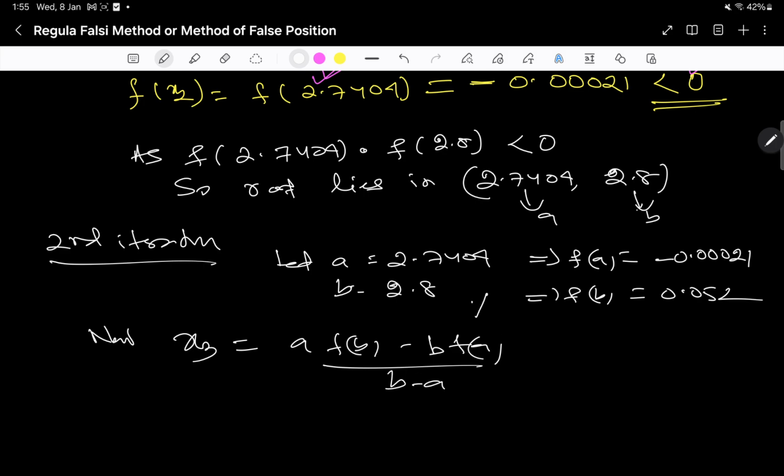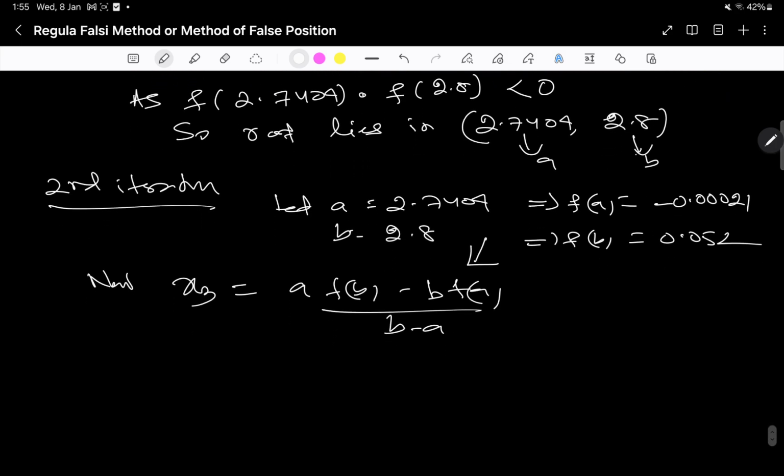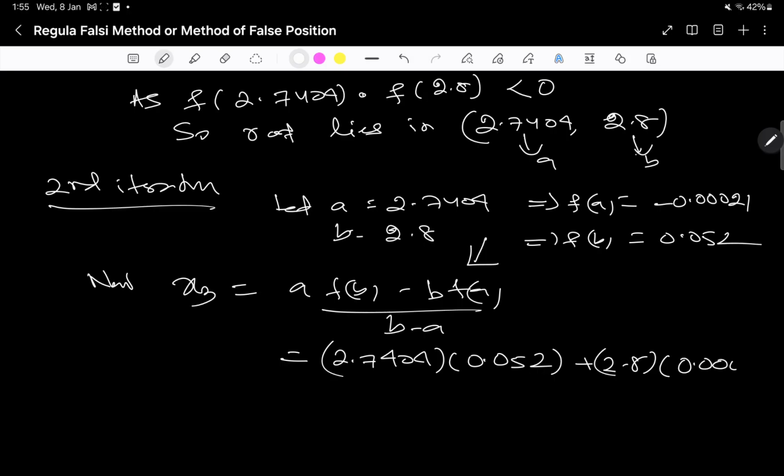If I substitute all this, it will give you 2.7404 into 0.052 plus 2.8 into 0.00021 divided by b minus a, 2.8.